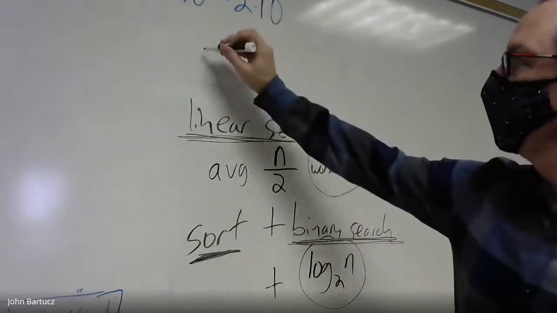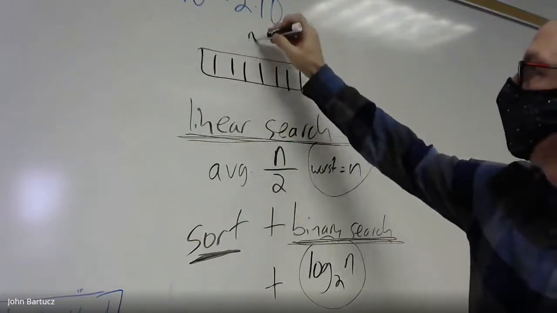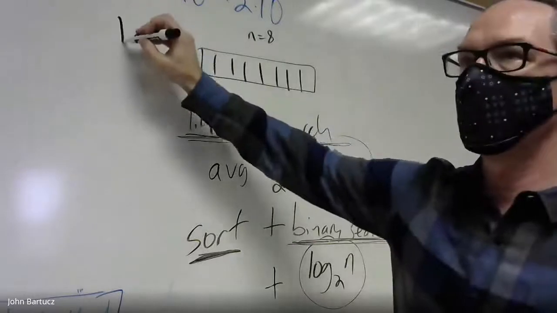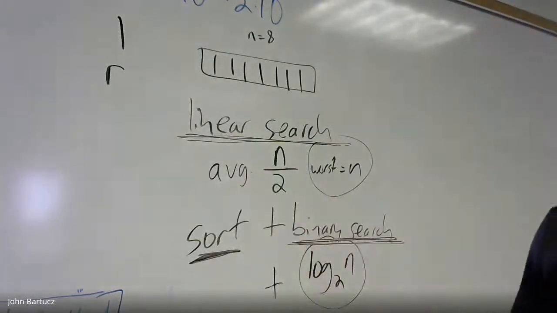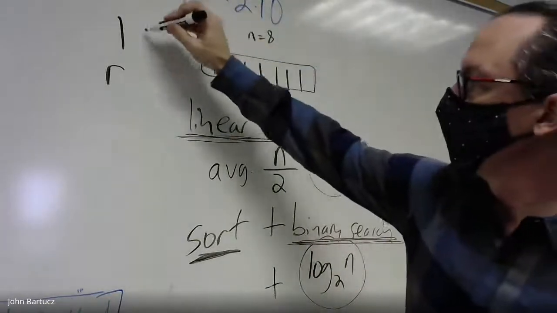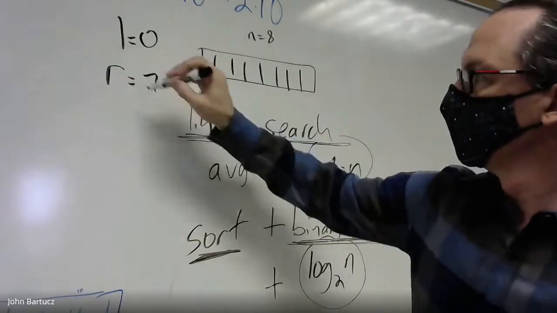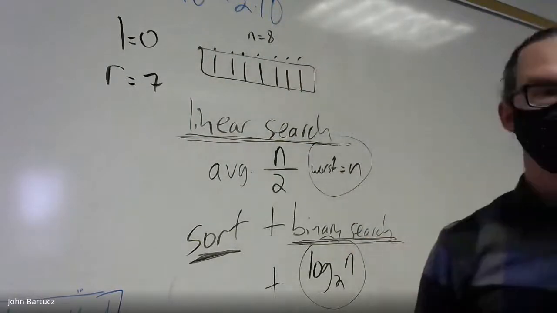So let's say I have 8 items. So n equals 8. So my left and my right. Right now my left is 0 and my right is 7, because 0, 1, 2, 3, 4, 5, 6, 7.